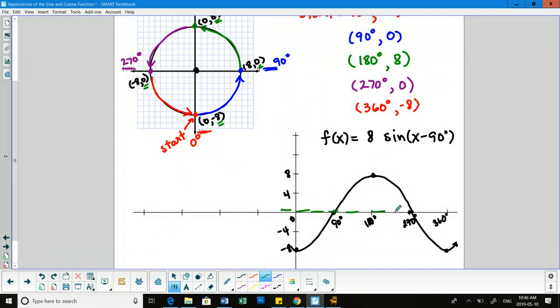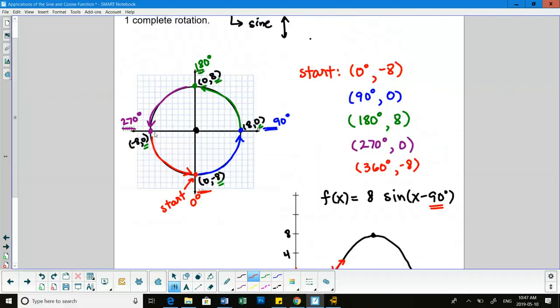So the midline is actually at 0, and Alex is noting that the rising midline is actually 90 units to the right of the y-axis. So that's why we have this 90-degree shift to the right. Okay, the amplitude has also been changed from 1 to 8. It's awesome. Why did we use a sine function and not a cosine function, Alex? Can you explain that to us?